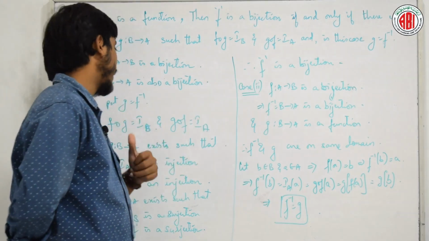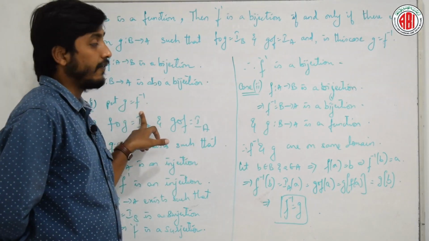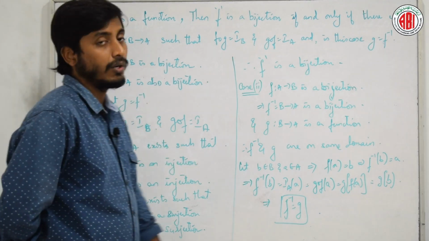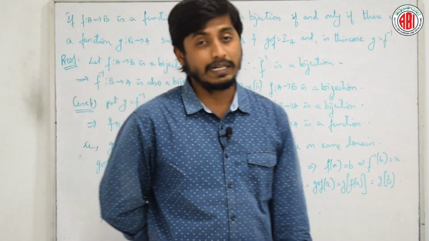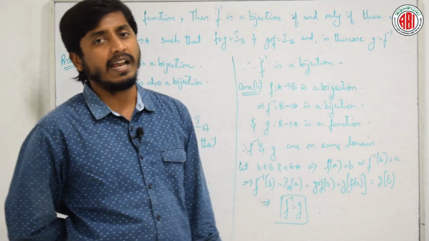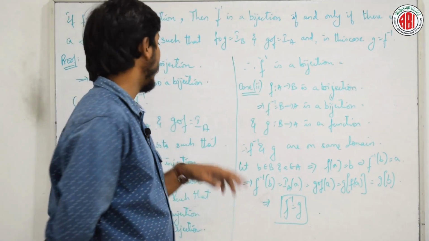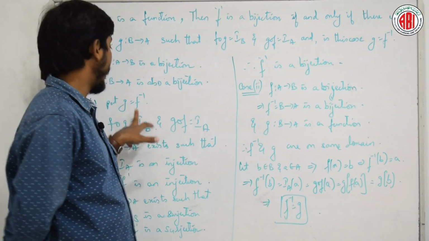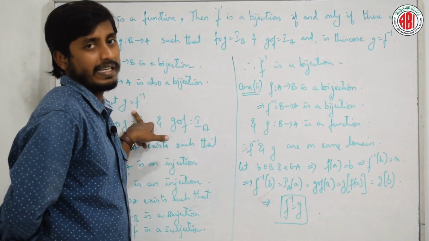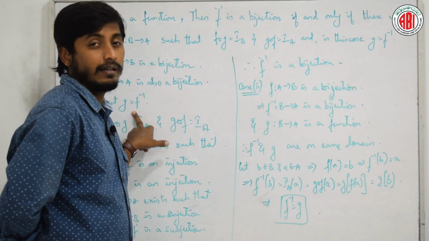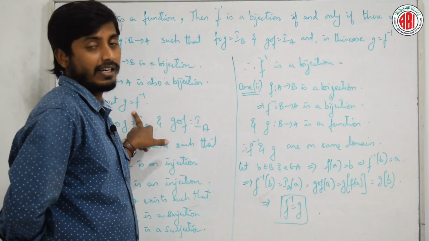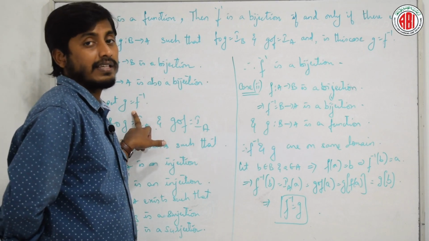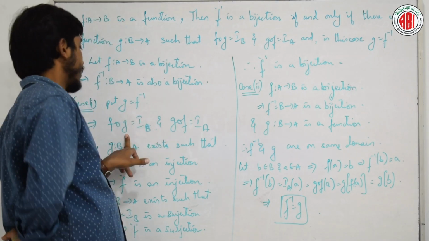From that theorem, if I substitute g instead of f inverse, then I will get f∘g equal to I_B and g∘f equal to I_A. Isn't it? Fine. And in that theorem, if you observe, f inverse, or here it is g, itself is a bijection because it is a function whose inverse exists.